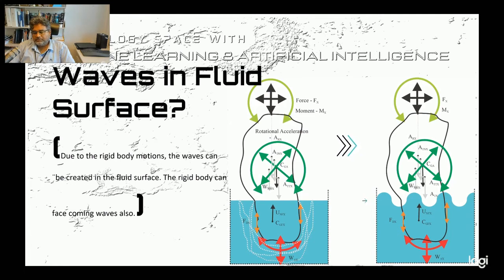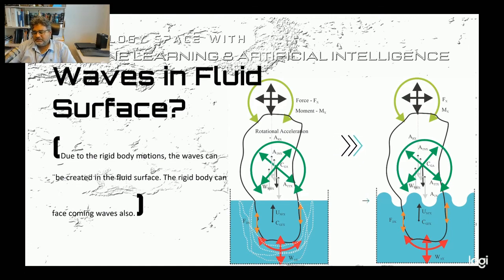Some interactions between the fluid surface and the rigid body itself were being ignored. Now we are going to introduce such conditions into this figure. When the rigid body is interacting with this fluid under translational and rotational motions, there's a higher possibility it will create waves on the fluid surface.